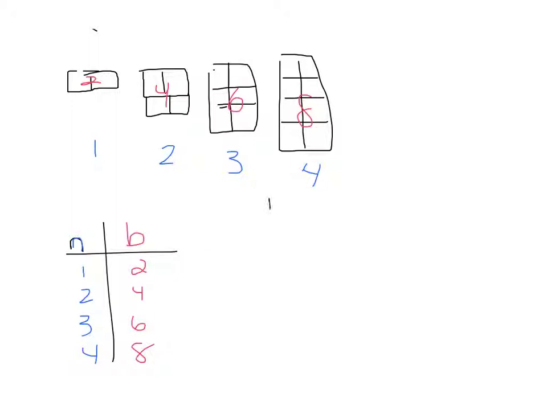So if I were to graph this, it would be very similar in sense, 1, 2, 3, 4. But then for blocks, I might do 1, 2, 3, 4, 5, 6, 7, 8. Okay, 4 would be 8, 3 would be 6, 2 would be 4, 1 would be 2.